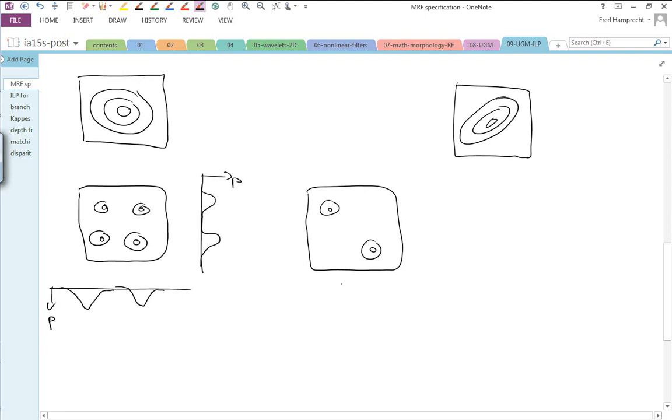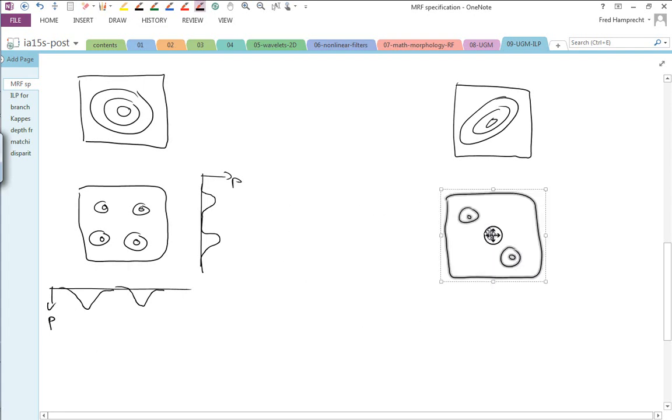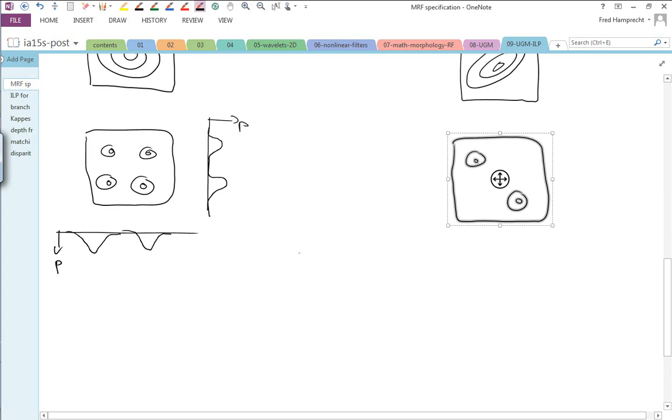Independent or not? No, exactly. Okay. How about this? Trying to draw a checkerboard pattern now.